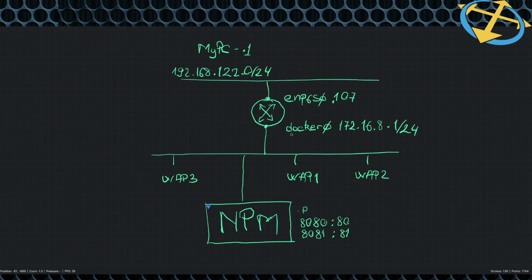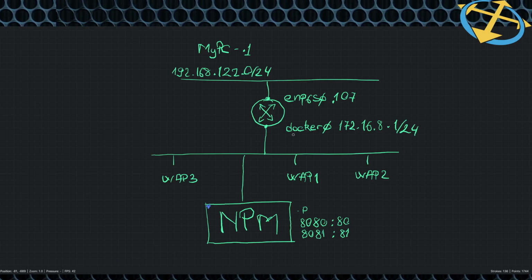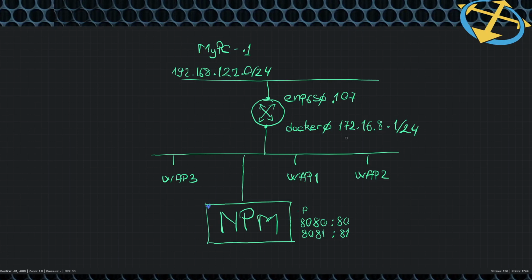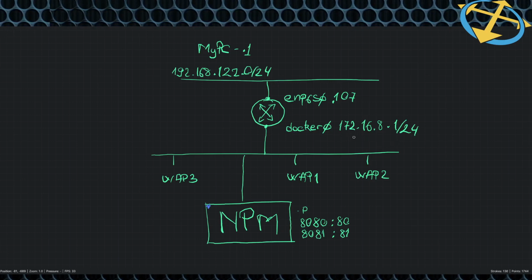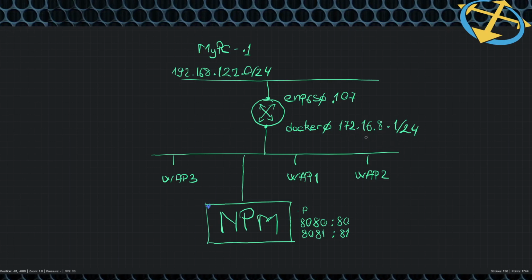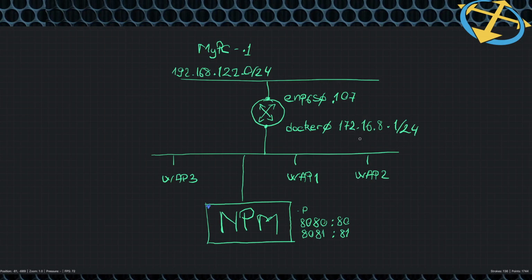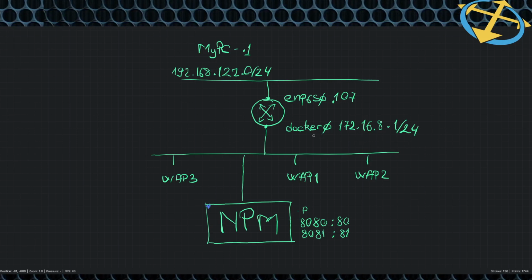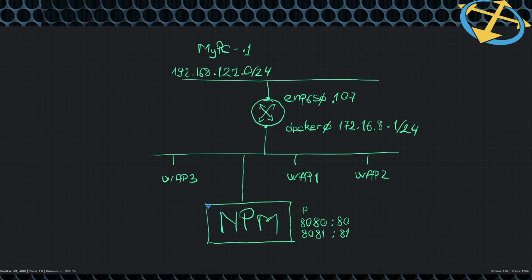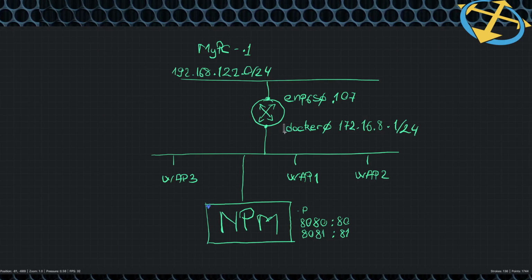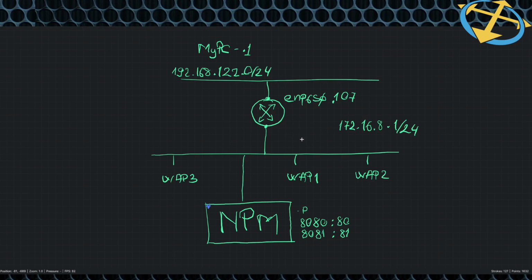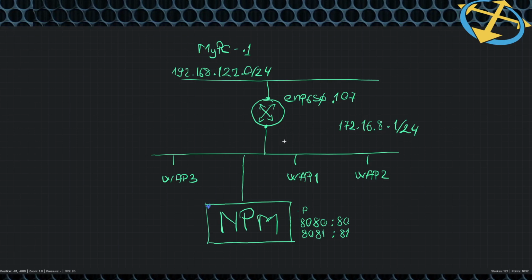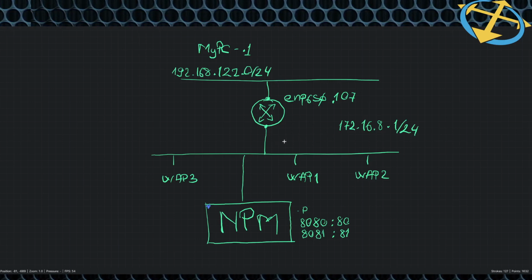And the interface for that network is Docker 0. And I will have this IP class right here assigned to it. Actually, scratch that. This is not Docker 0. This will be a custom bridge interface, because I will tell you in a moment why.